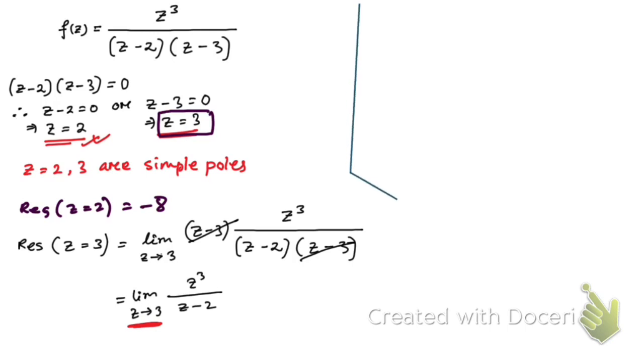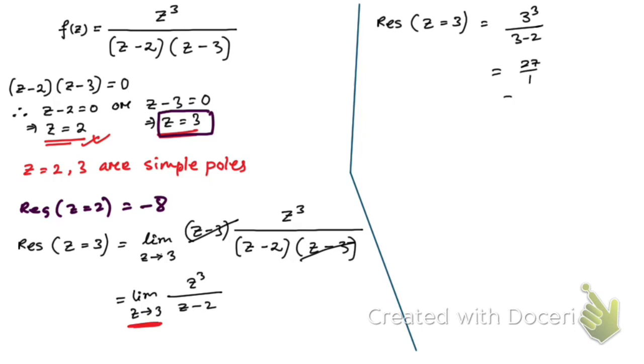So here is the residue at 3. Just put z is equal to 3. Then 3 cube divided by 3 minus 2, that's going to be 27 by 1, that means 27, right?